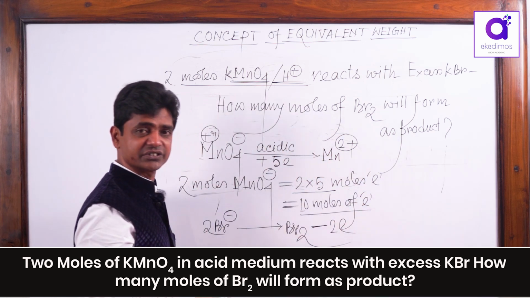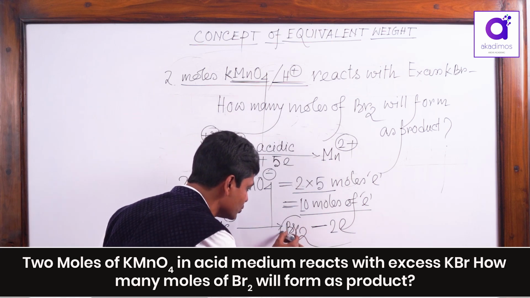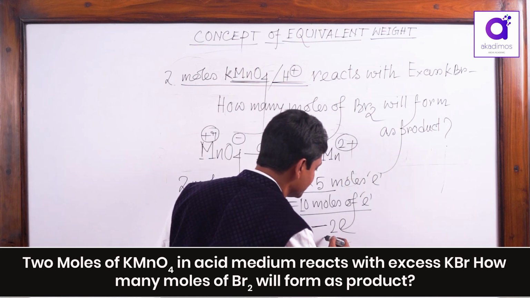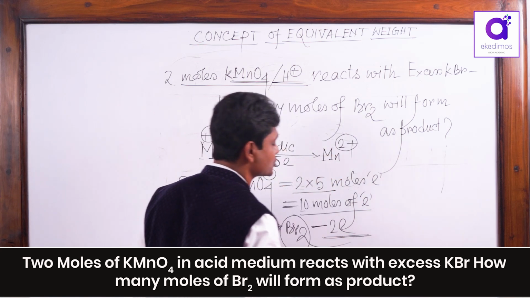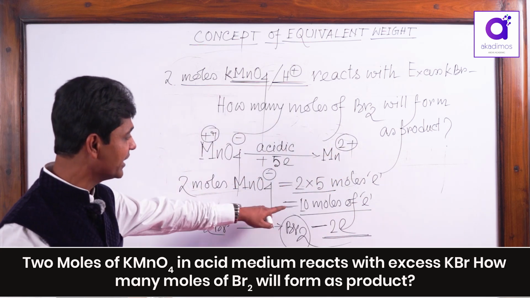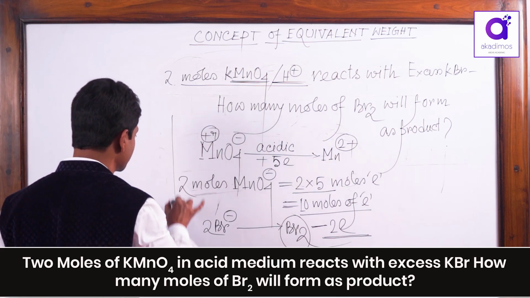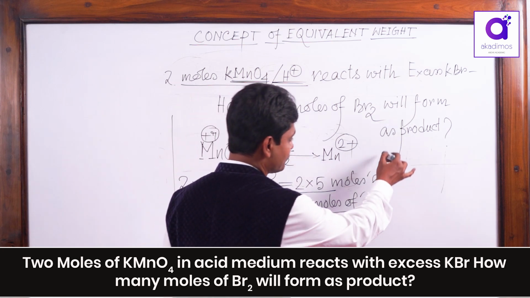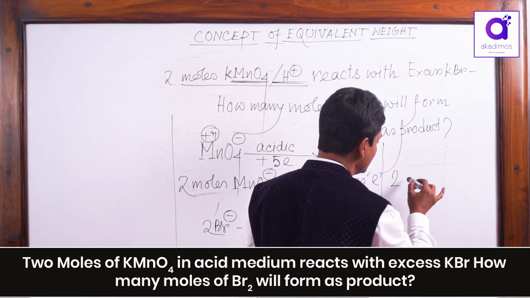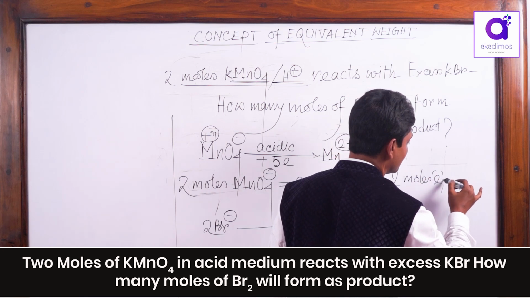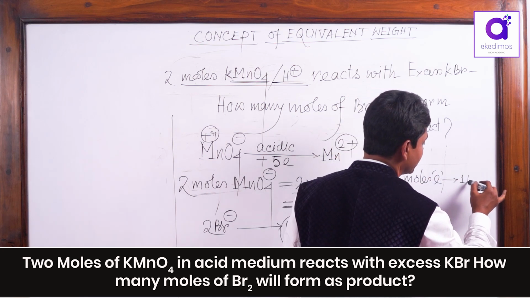That means when 1 mole of bromine is produced, it is associated with 2 moles of electron loss. But in your hand there are 10 moles of electrons. You can say simply, 2 moles of electrons give 1 mole of bromine.